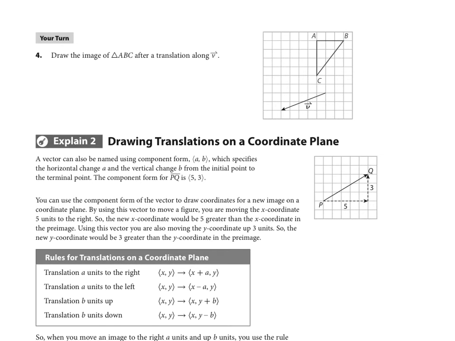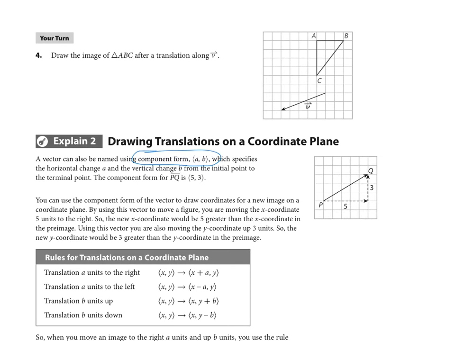Okay, in Explain 2, what we want to do is draw translations on the coordinate plane. So now we did have a grid, but now we're going to put it onto the 4-quadrant coordinate plane. A couple of things you want to highlight here, and that is component form for a vector. Notice the notation, they're square brackets instead of rounded parentheses.